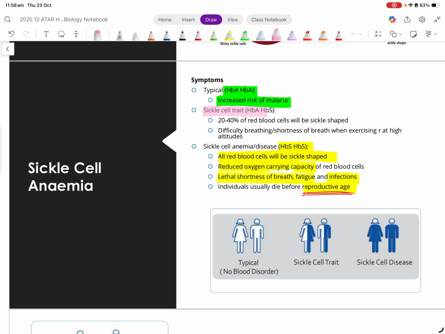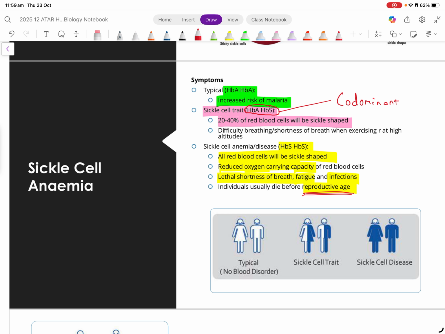Individuals who carry the sickle cell trait, but also have the allele for normal hemoglobin, will generally have 20 to 40% of their red blood cells as sickle-shaped. Now, the reasoning here is that while we've spoken about lethal recessives earlier, this trait here is codominant. And as a consequence of that codominance, there is the expression of both regular hemoglobin and sickle-shaped hemoglobin.